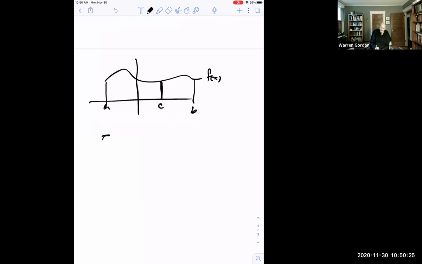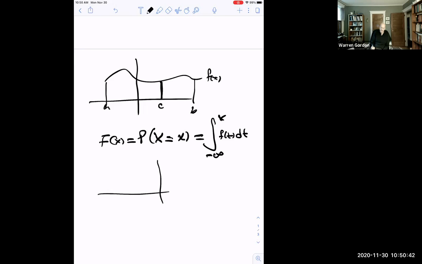Then I defined the cumulative distribution function. It's just the probability that X is less than or equal to x, which mathematically, for a continuous random variable, is the integral of the density, where we change the dummy variable to t. Typically, for a continuous random variable, if you plotted the CDF versus x, it starts off at 0 at minus infinity, and then it's always increasing until you get a final value of 1.